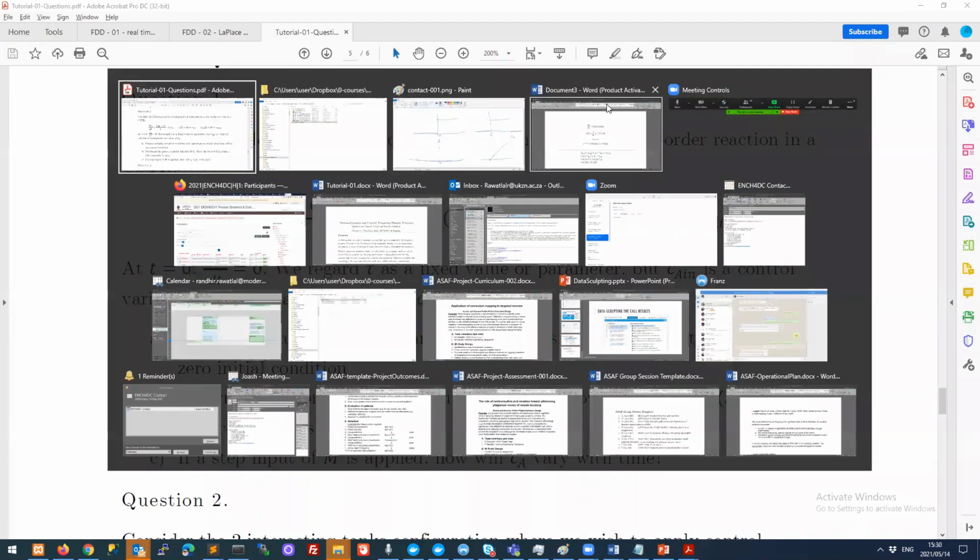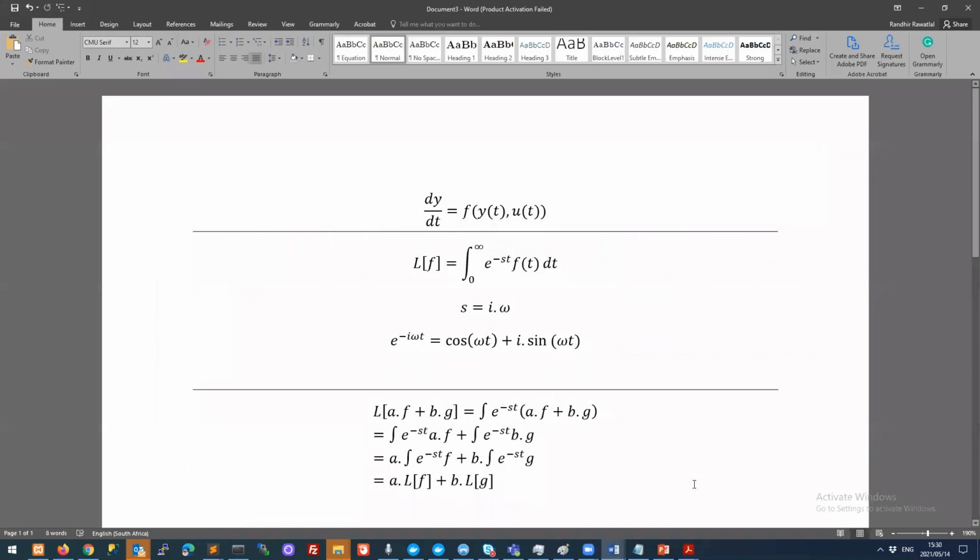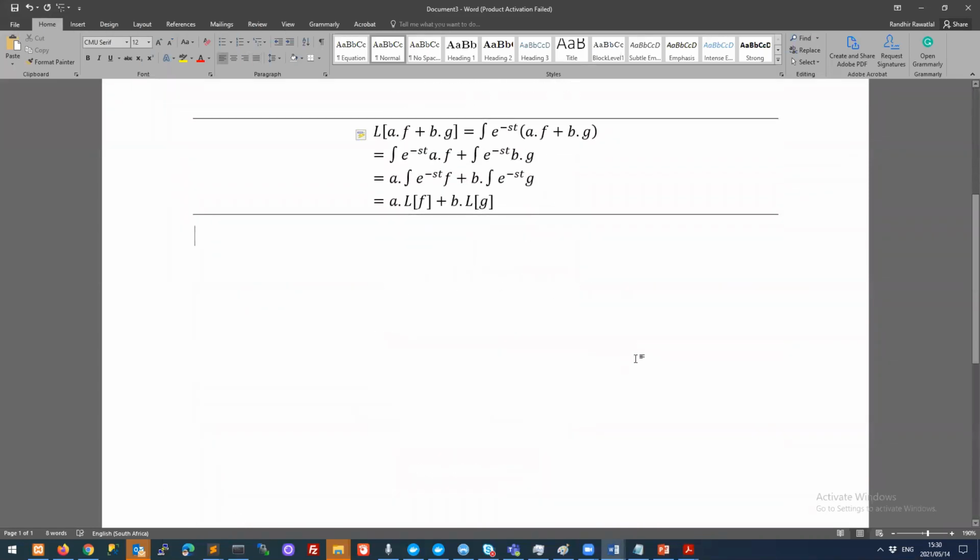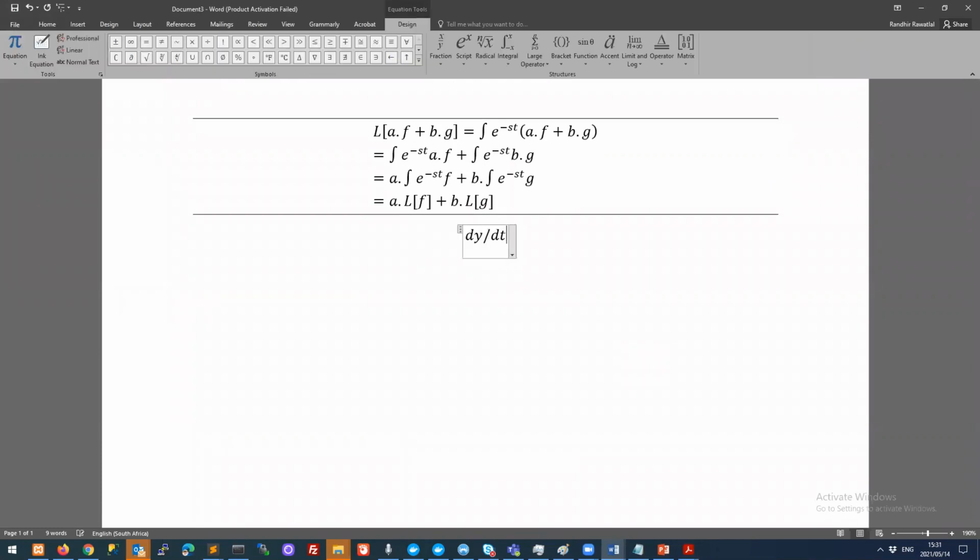So let's just write out what we mean here. So we've got some equation like this. dy/dt is some function of the state y and the manipulated variable u.